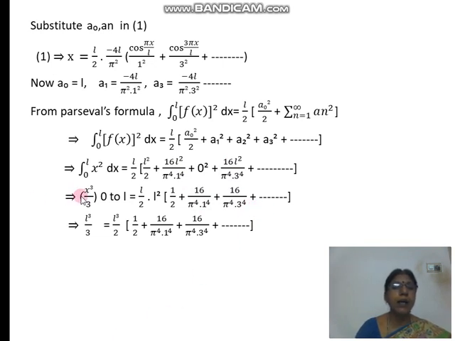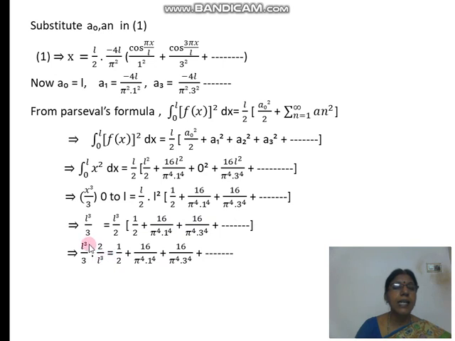Now here we have L cube by 3 only, equal to L square into L by 2, meaning L cube by 3, same terms: 1 by 2 plus 16 by pi power 4, 1 power 4 plus 16 by pi power 4, 3 power 4 and so on. Now bring this L cube by 3 into the LHS. Now we get L cube by 3 into 2 by L cube is equal to same terms.